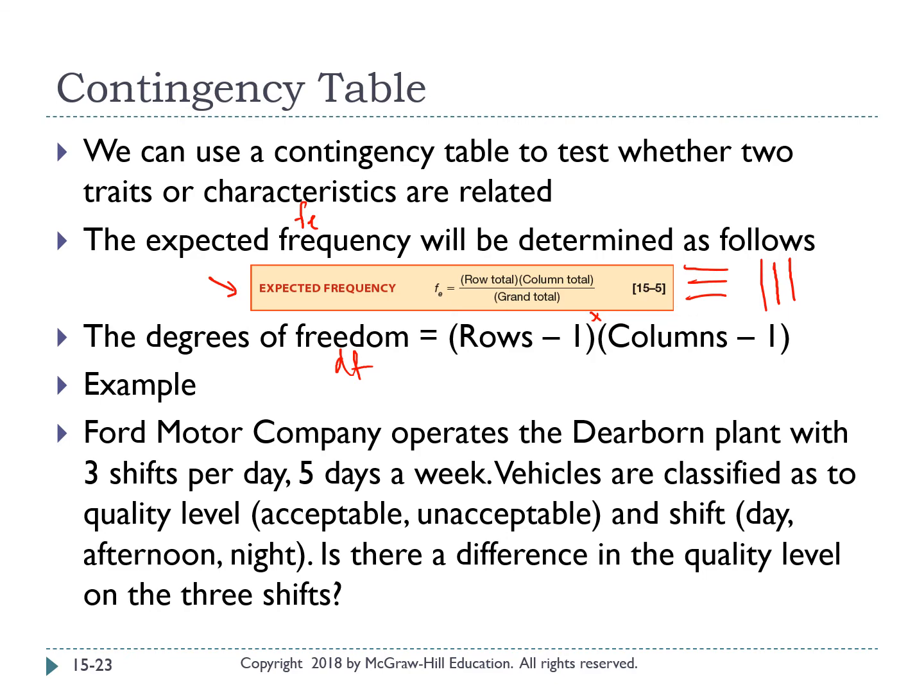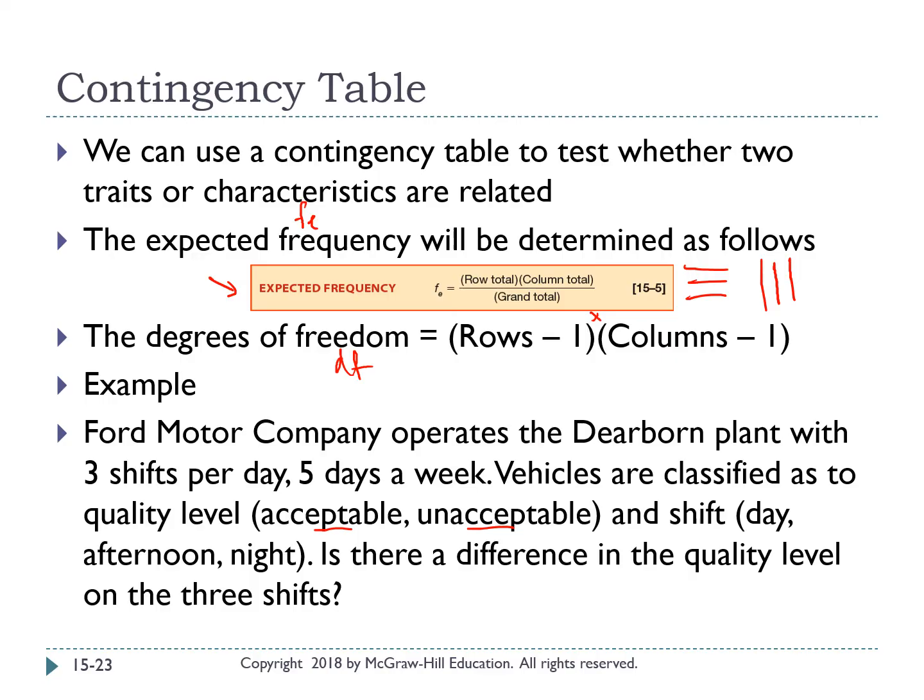So let's look at the examples of contingency table. Ford Motor Company operates with 3 shifts per day. The vehicles are classified as to quality level, whether the quality is acceptable or not acceptable. And the shift can be divided into 3: day, afternoon and night. So is there a difference in the quality level on the 3 shifts?